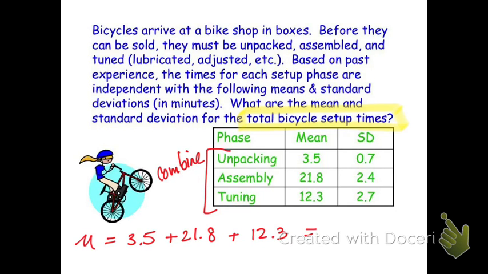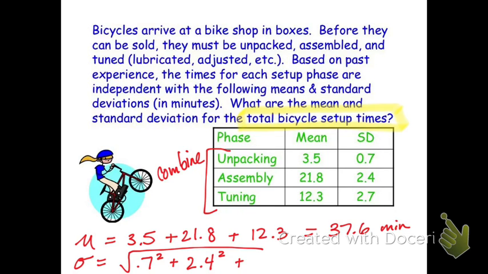And that gets me 37.6 minutes. So the total bicycle setup time is just adding them together. For the standard deviation, I'm going to square root 0.7 squared plus 2.4 squared plus 2.7 squared. So I'm going to take all of my standard deviations, square them, add them together.